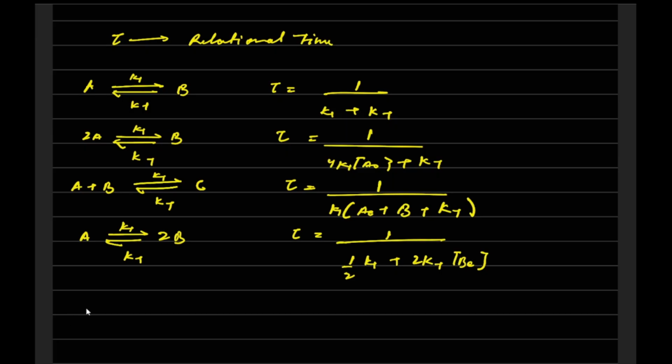Okay, then the last one is A plus B in equilibrium with C plus D, with K1 and K minus 1.